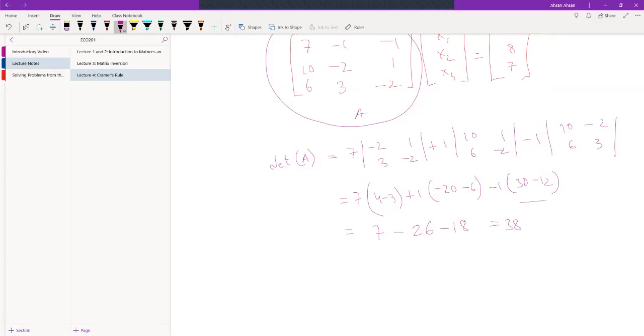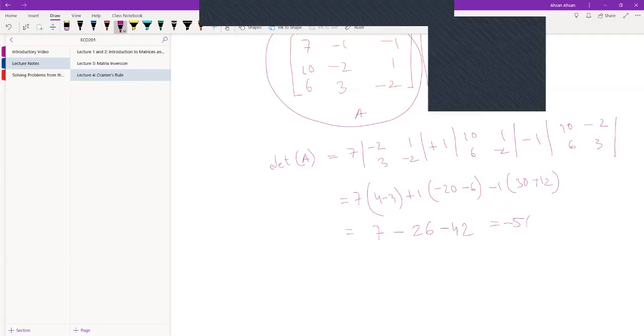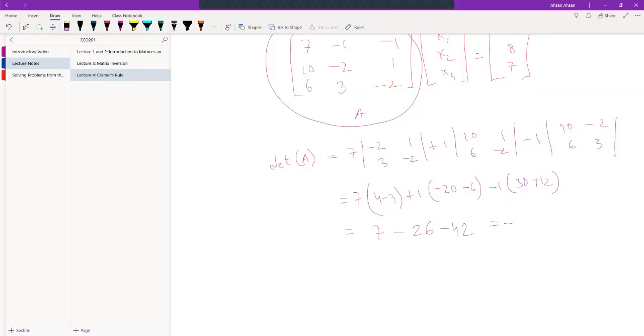Okay, so over here, what we have is 30 minus minus 12, so plus 12. So this becomes 42, so 42, 48, 1. I'm sorry, 61. So hopefully that's okay.